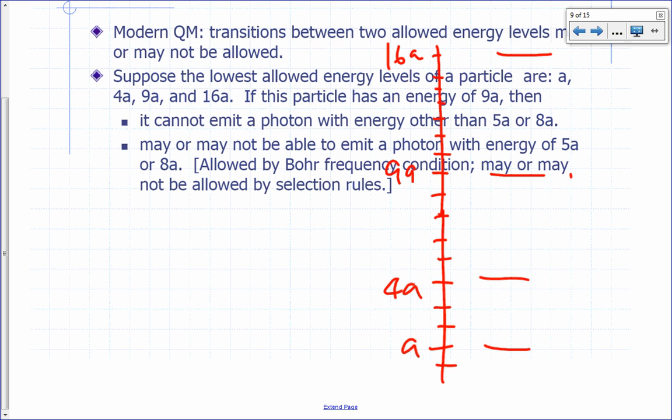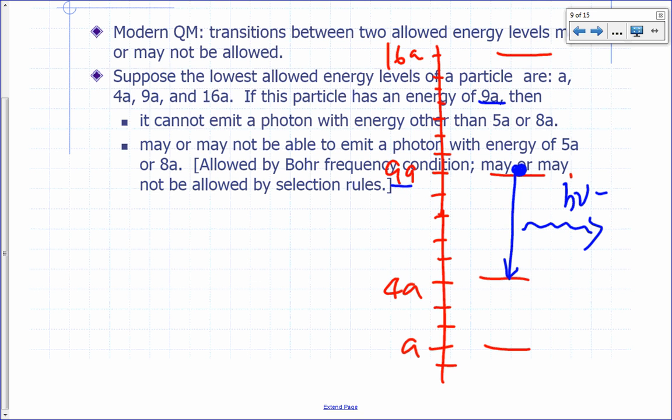Let's say you have a particle that has an energy of 9A. Then what are the allowed energies of the photon that this particle can emit? It can go to 4A. So what would be the energy of the photon that it produces? 5A.